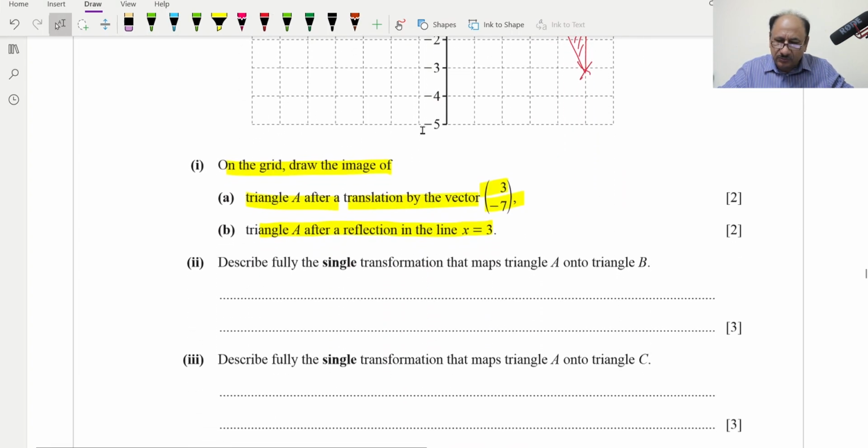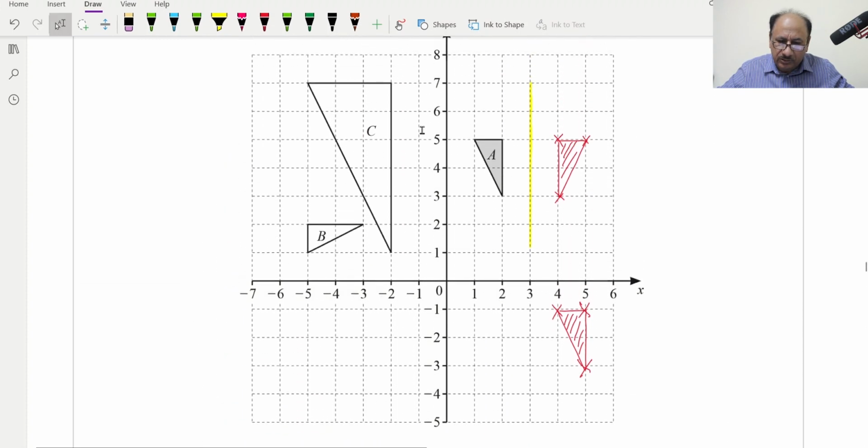Then comes the next part. Describe fully the single transformation that maps triangle A onto triangle B. A onto B. Okay, good. So A onto B, how will we check? This is a 90-degree turn, and the center of rotation is this one, so we are rotating it anti-clockwise.